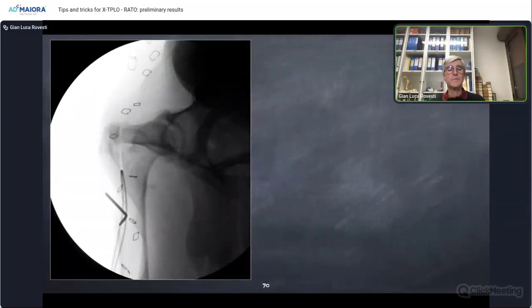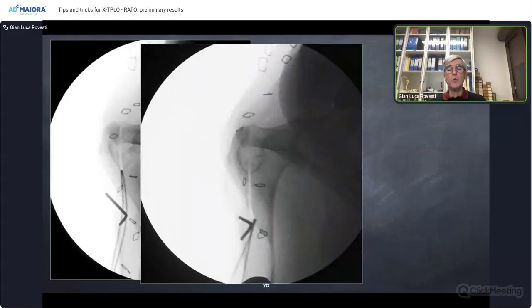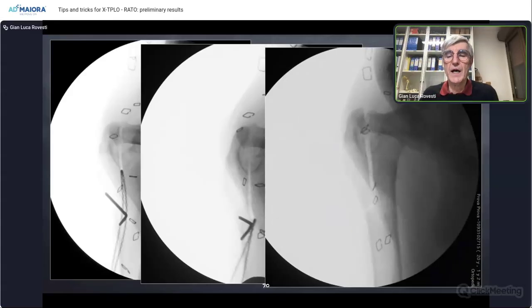Okay. And while we cut, you can see how the cut will progress to the point where the K-wire is. So this is, in my experience, a beautiful way to achieve exactly the kind of osteotomy that we planned.